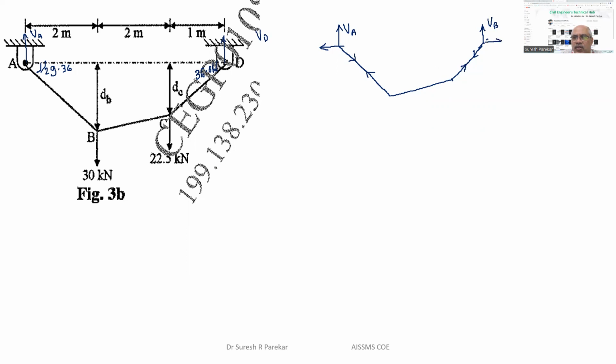So the horizontal reaction at D is towards the right.